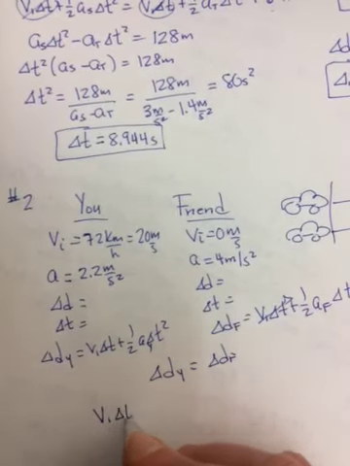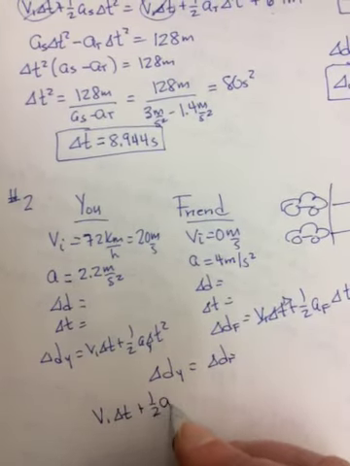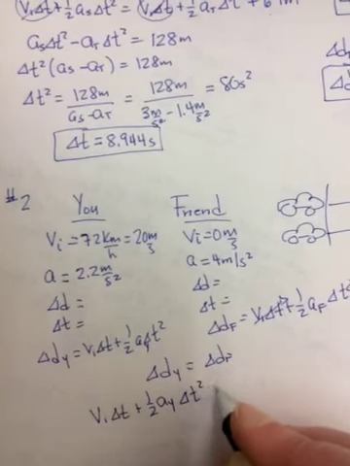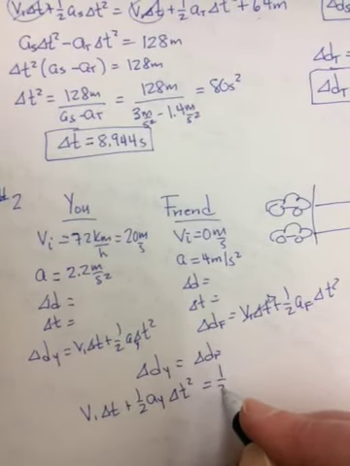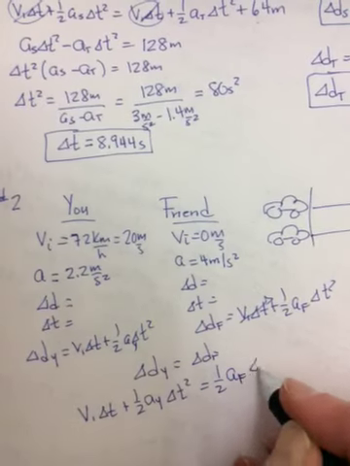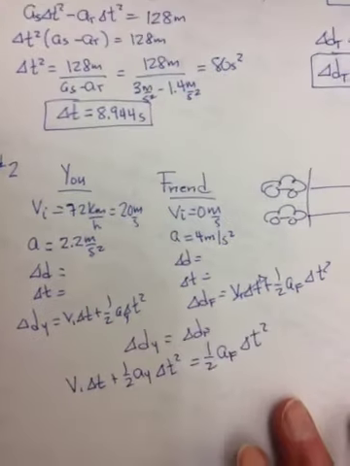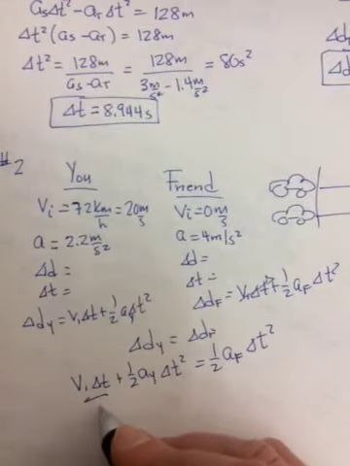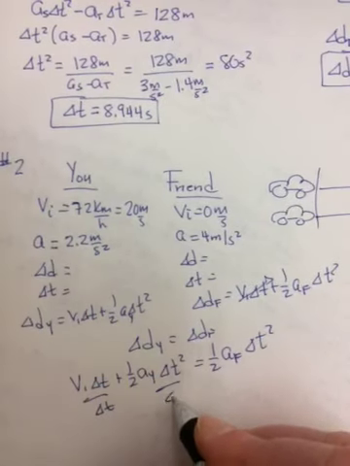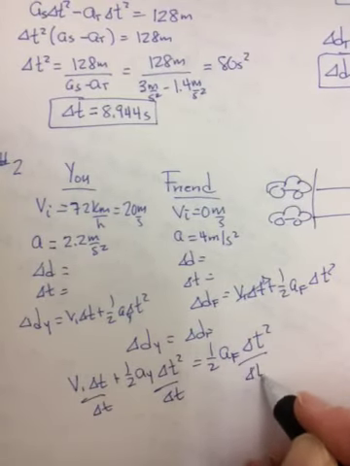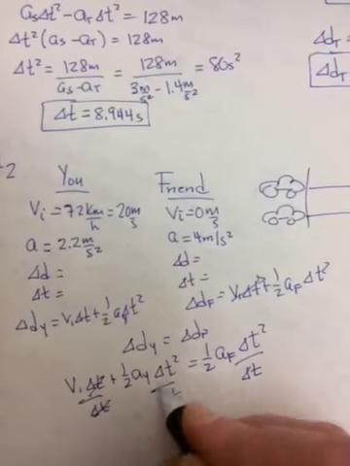So VI delta T plus 1/2 A of you delta T squared will be equal to 1/2 A of your friend delta T squared. All three terms have a delta T in them, so you can divide each term by delta T to make your life easy. It means it will not be a quadratic.